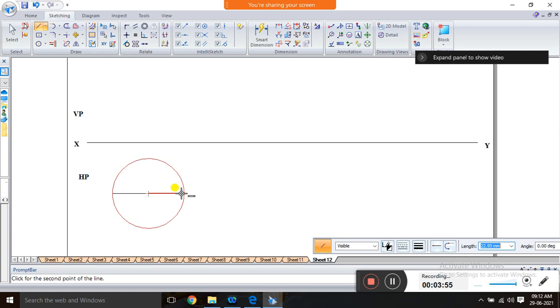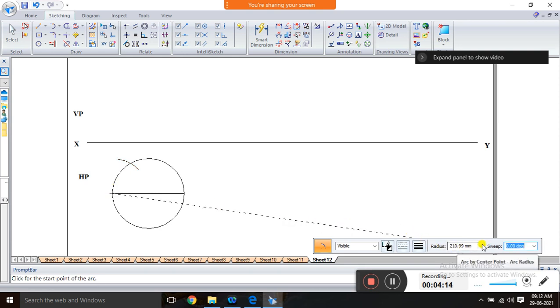Here also the same thing, from center to horizontal line. Then take the same compass, and the radius is the same 25, because we need a 25 mm side. So take the same 25 and from here cut the arc. Similarly from the same point with the same 25 mm radius, cut one more arc.